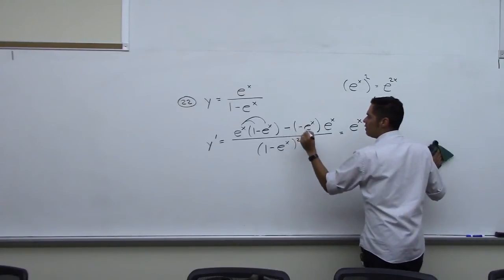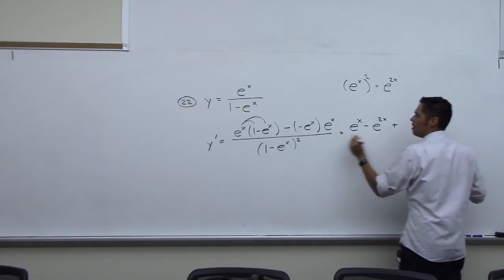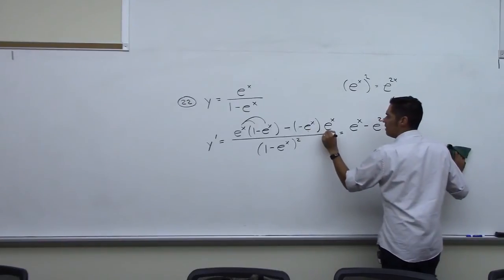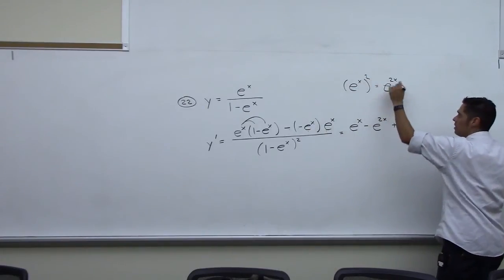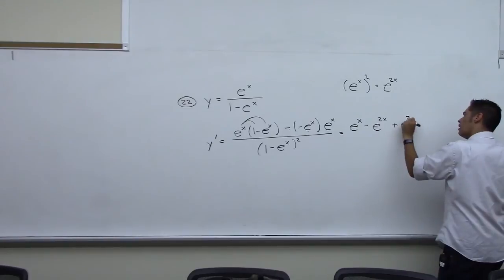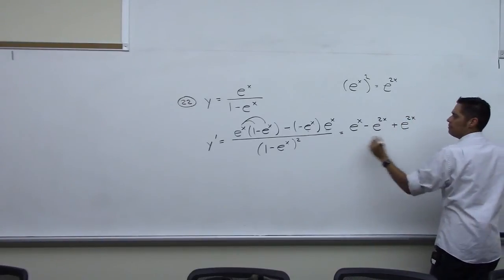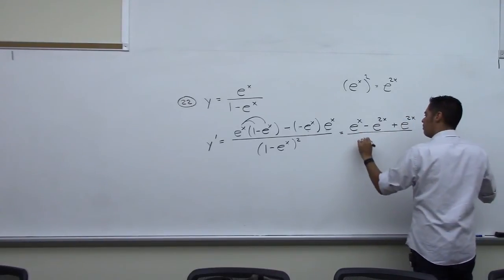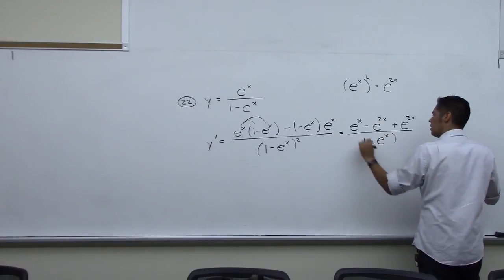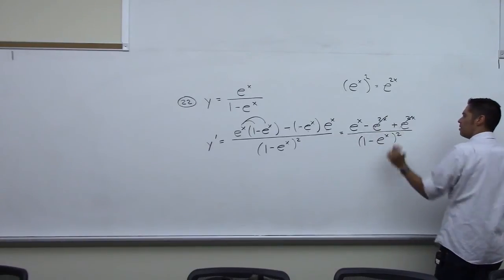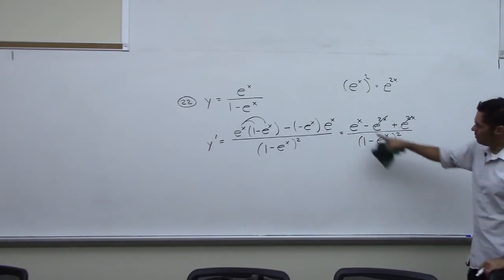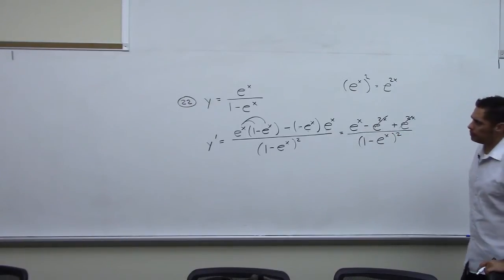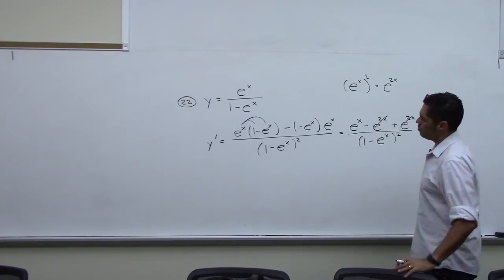And then minus minus is plus. Then again, e to the x times e to the x is e to the x squared, which is e to the 2x. Look at those, they're going to cancel, all over 1 minus e to the x squared. This goes away, this goes away. All you're left with is e to the x over this. Interesting.